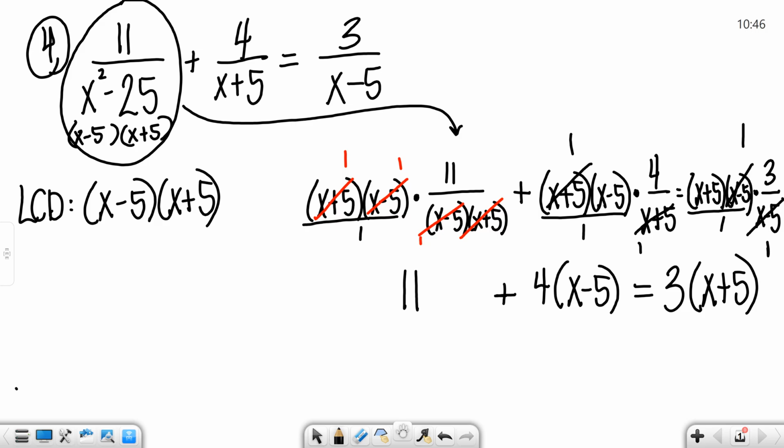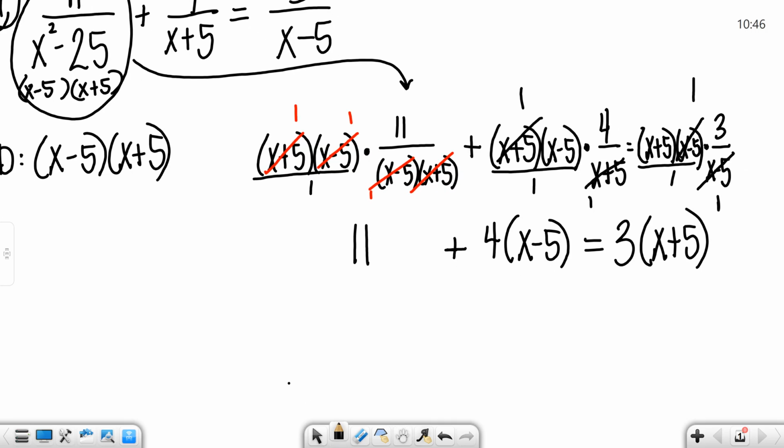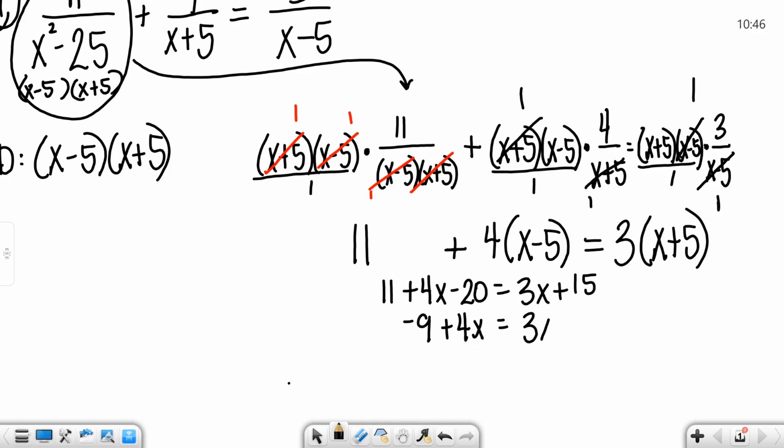So now I have this little algebra problem to solve. I'm going to go ahead and distribute. All right. 11 minus 20 is negative 9.